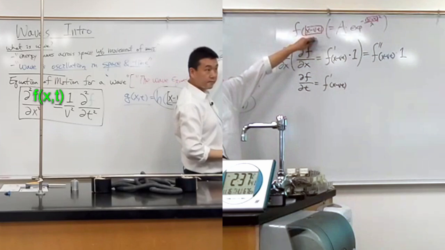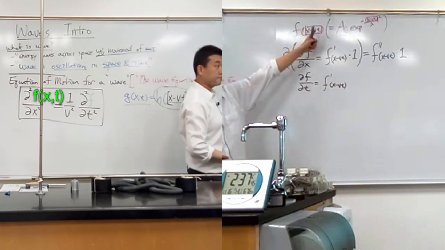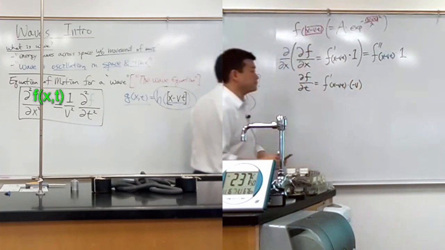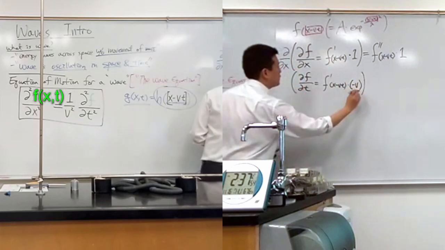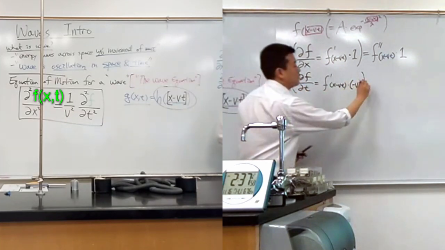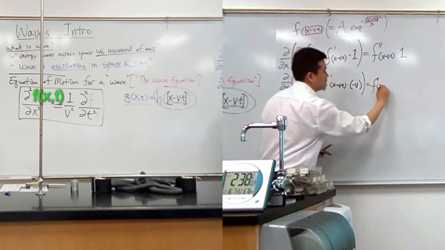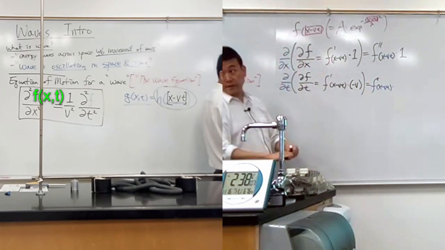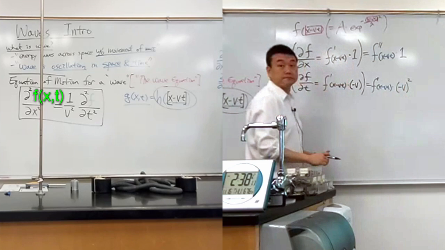For the derivative of the inside, I get a factor of minus v, so times minus v. I need the second derivative, so let me take one more derivative with respect to time. For this outside function, I get f double prime, a function of x minus vt, times another factor of minus v. So it will now be minus v squared.